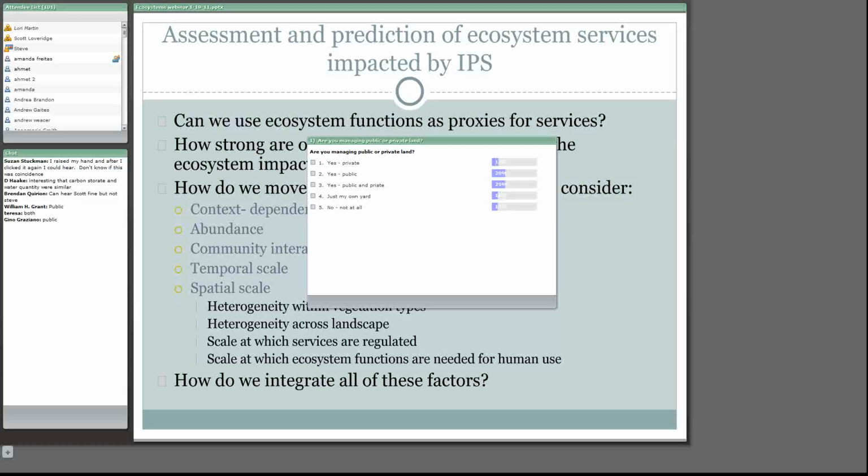So it looks like most people are doing both public and private, and just a few that are just backyard managers. Okay, well, that's good. So there's a range of people listening, and obviously it's an issue that spans public and private land. I'm going to go ahead and close that poll and continue on here.